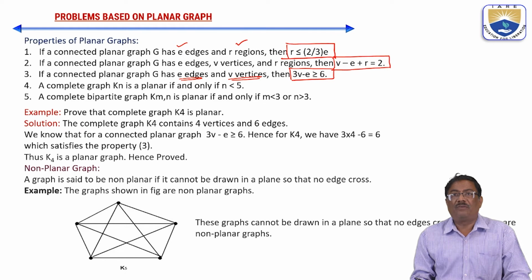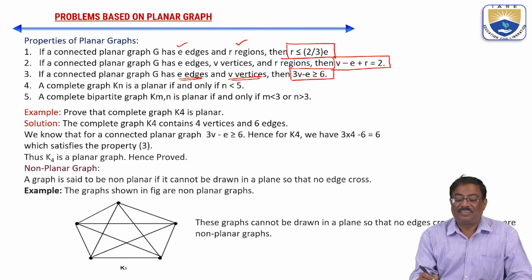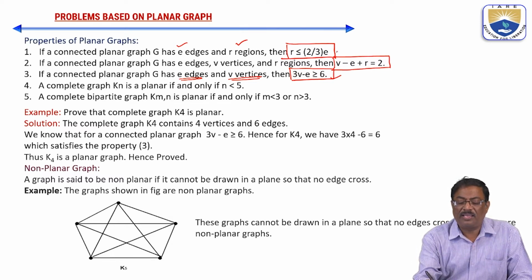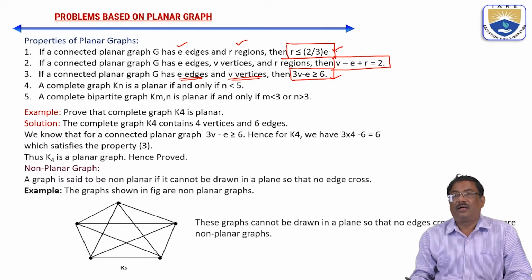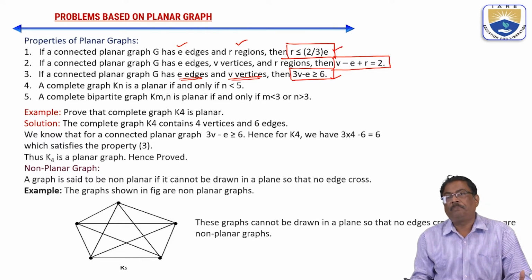So whenever a connected planar graph has E edges and V vertices, this is the relationship between the vertices and the edges. And here is the relationship between the regions and edges.